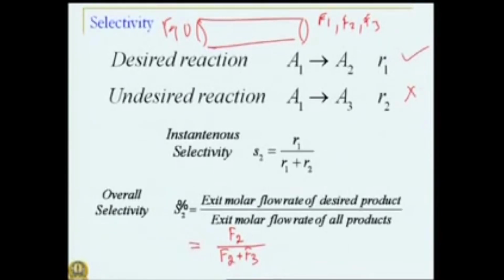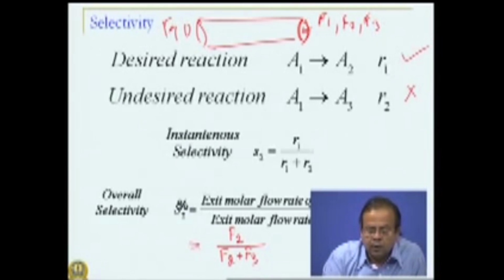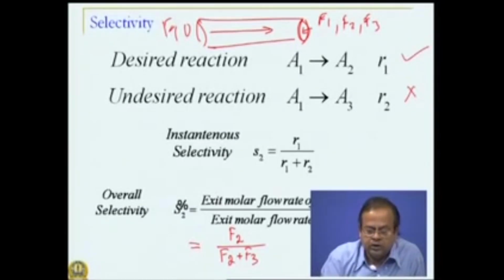This is while looking at the exit condition, but from our discussion on plug flow reactor, we know that at each point along this direction of flow, concentrations are changing, so rates are changing.